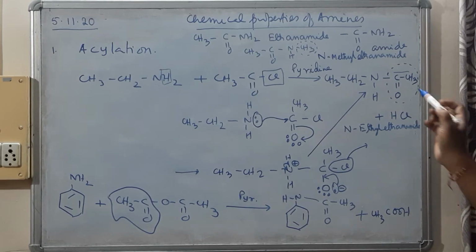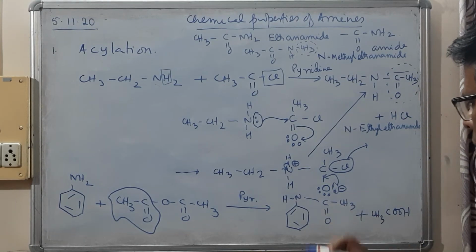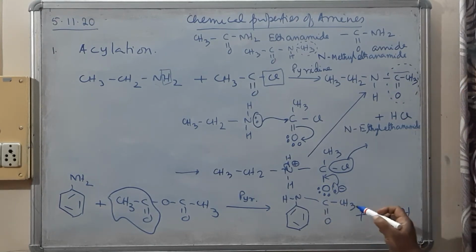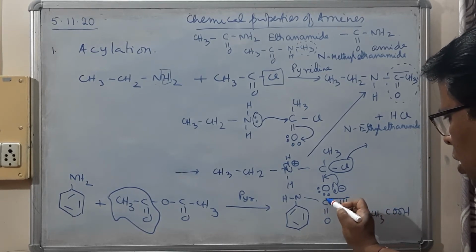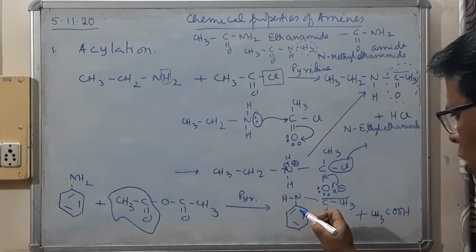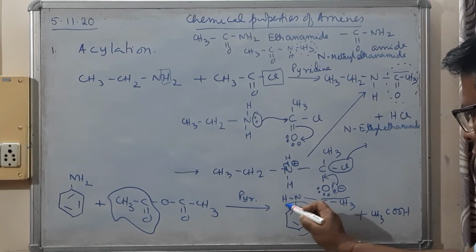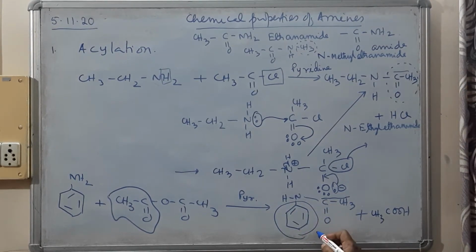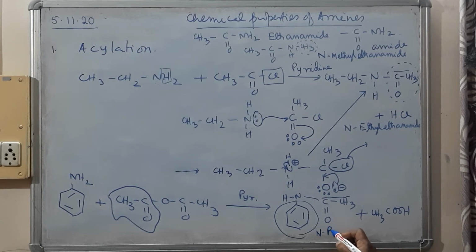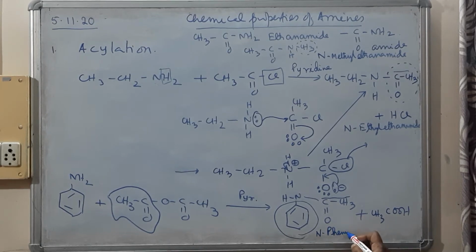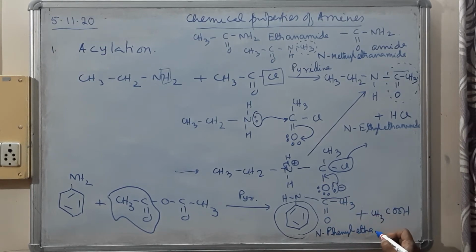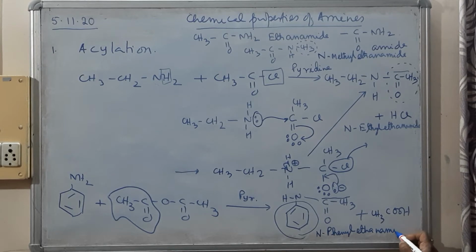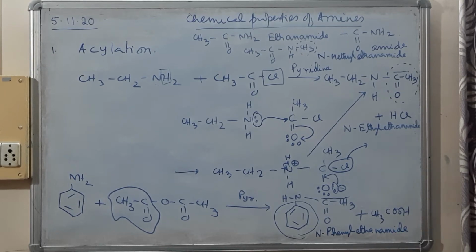And similarly, the name of this compound: this is from here, CH3 C double bond NH2. So here it is a phenyl group. So it will be N-phenyl ethanamide.